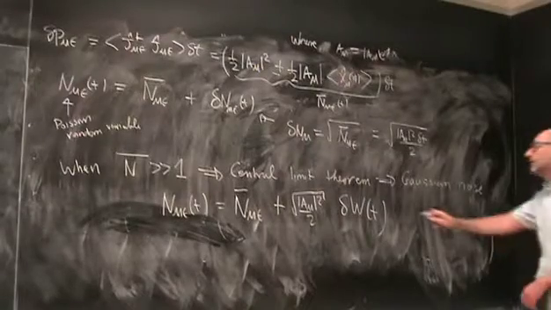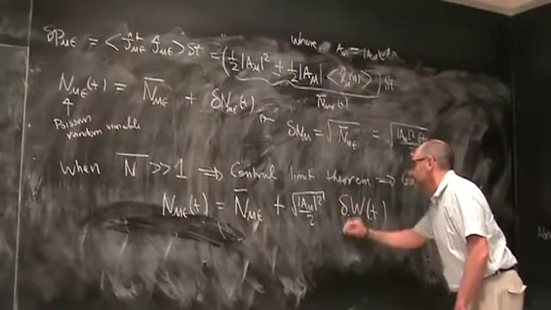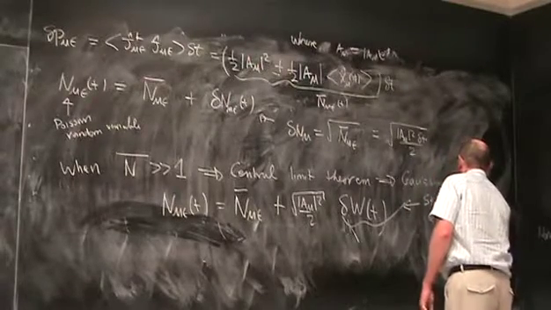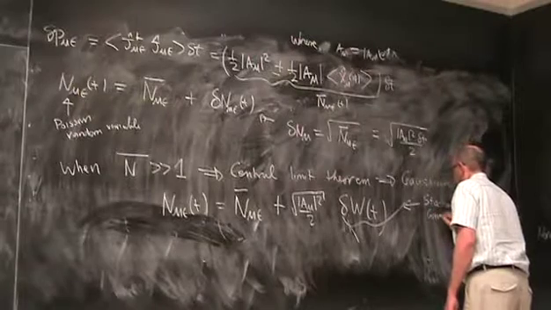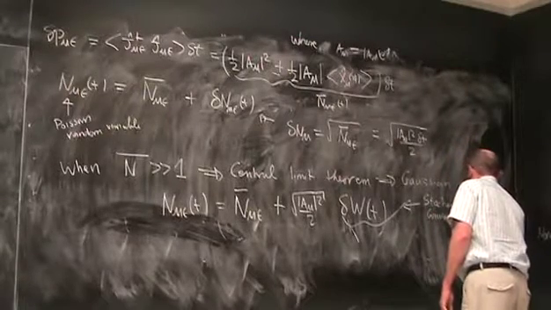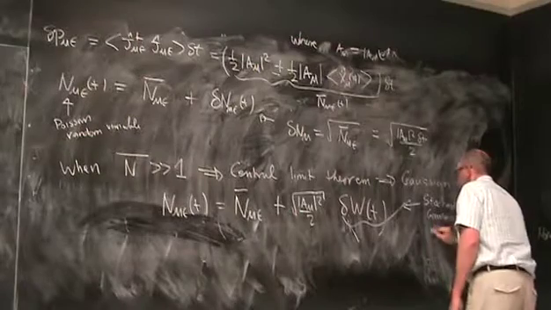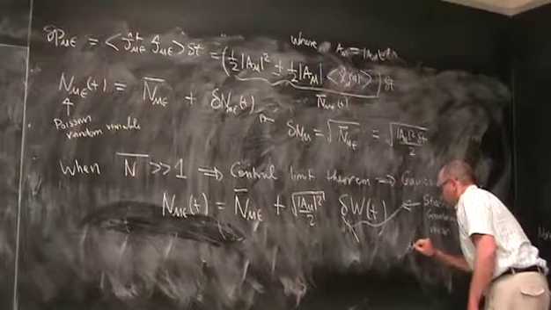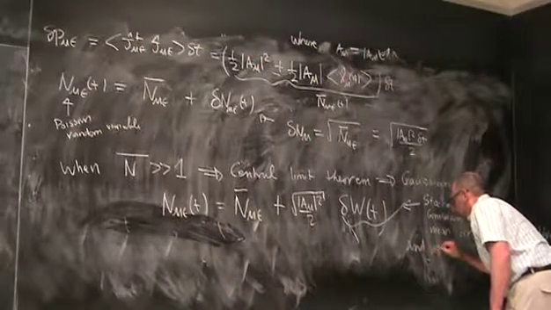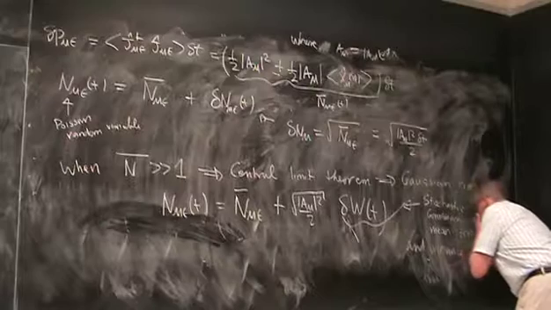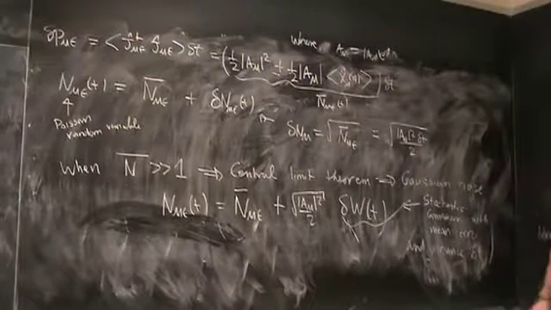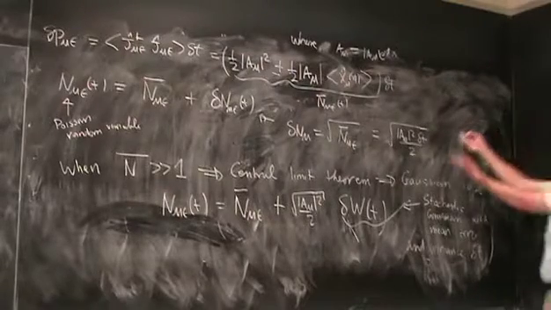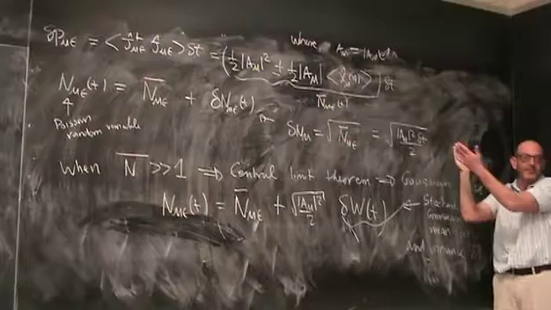So delta W is a stochastic Gaussian with mean 0 and variance delta t. Then it has the same statistics as this, except they're Gaussian.